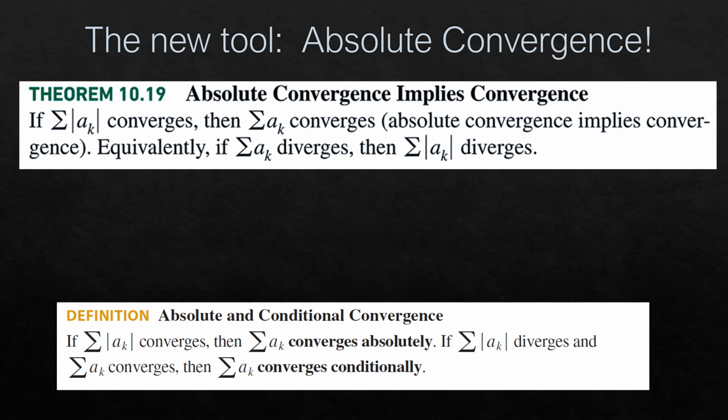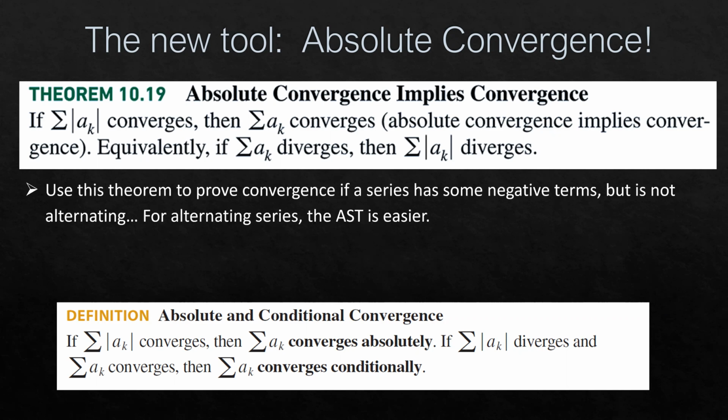Now, if you think about the contrapositive of that, then we would say that if we know the series diverges, then the series of absolute values would diverge, right? Absolute convergence implies convergence. And that is a great tool to use for series with some negative terms.